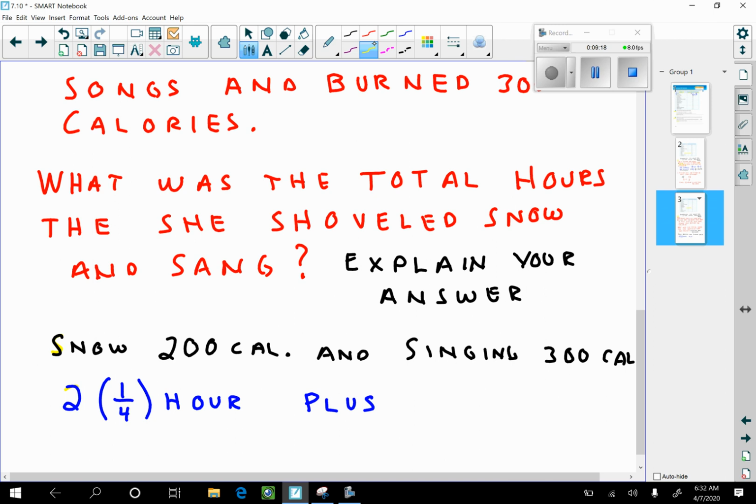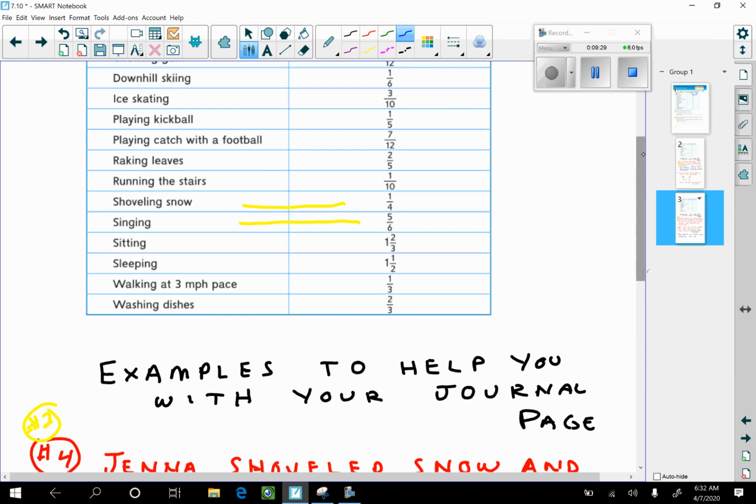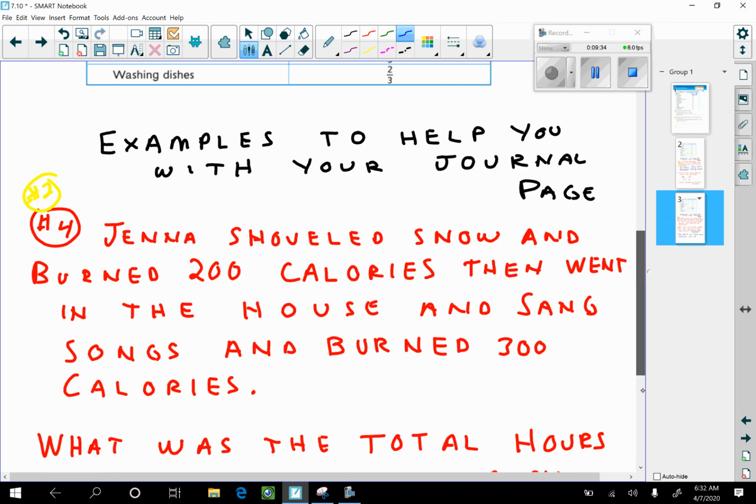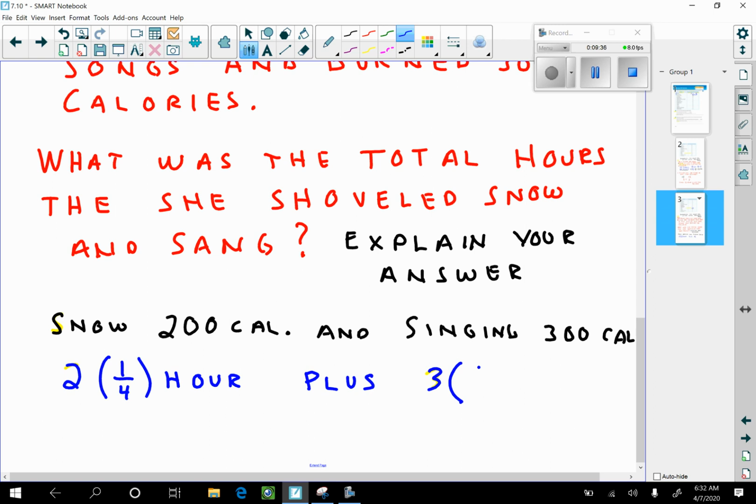So that is going to be 3 times, let's go back and just check our work, 3 times singing is 5/6. So we're going to multiply that by 5/6 hours. And this is going to be your explanation here. We're going to explain our answer with this addition problem here.